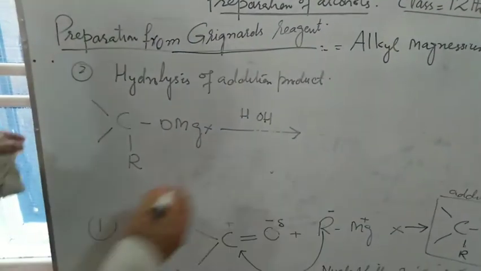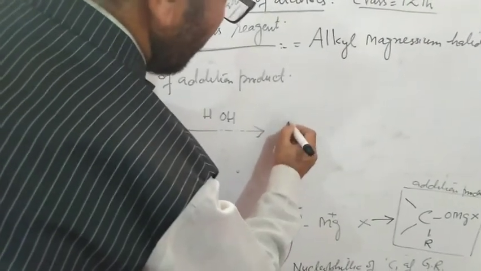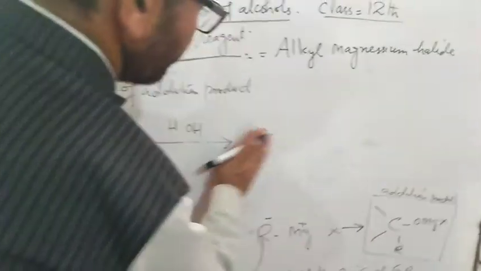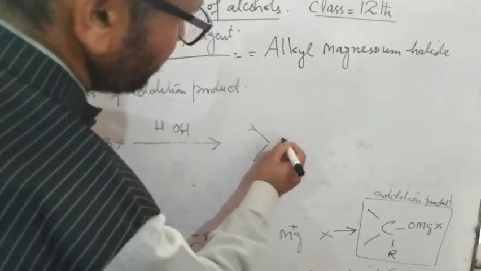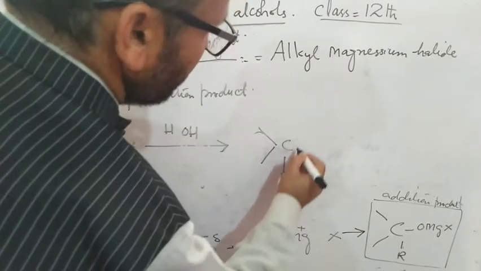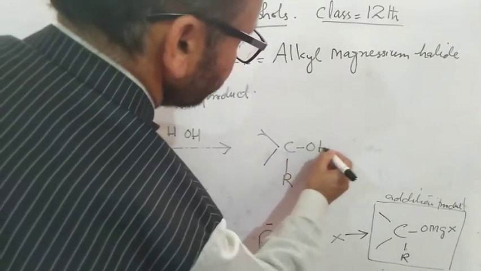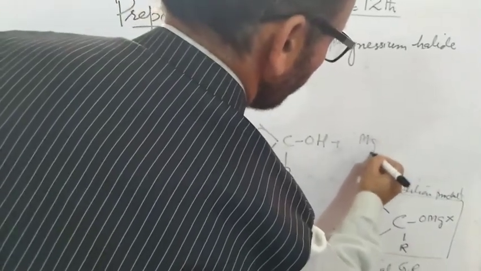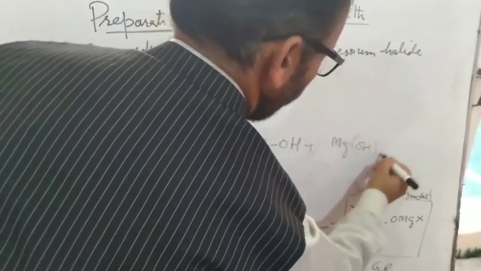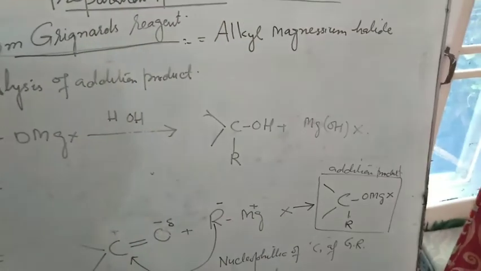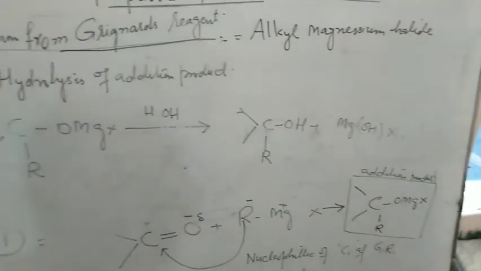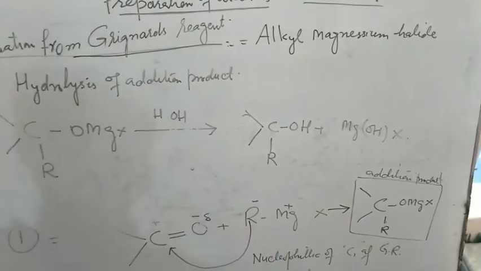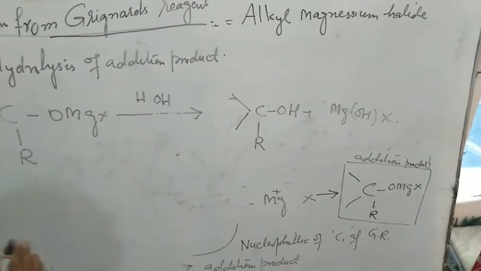Water gives this one, and right here it is C or this OH, plus Mg OH X. So this will be the other product, magnesium hydroxyhalide. So we have written the general reaction.